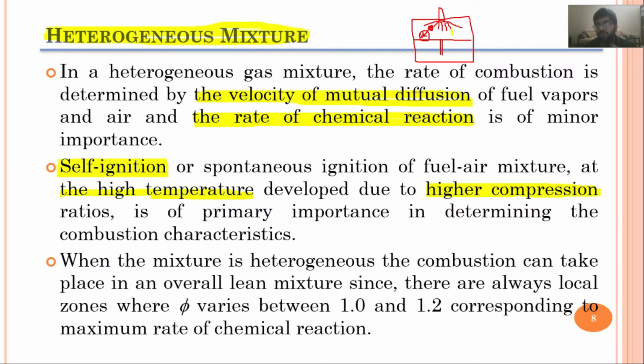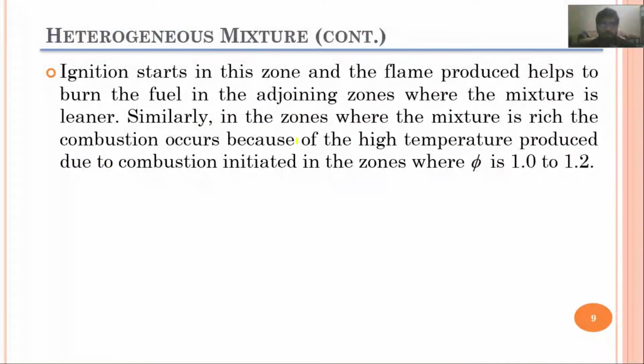We will not have combustion in the entire combustion chamber. Rather, we will have combustion in localized points, and because of the diffusion of these already combusted molecules into those zones where the fuel has not combusted, the combustion at those points will occur. So ignition starts in this zone, and the flame produced helps to burn the fuel in the adjoining zones.